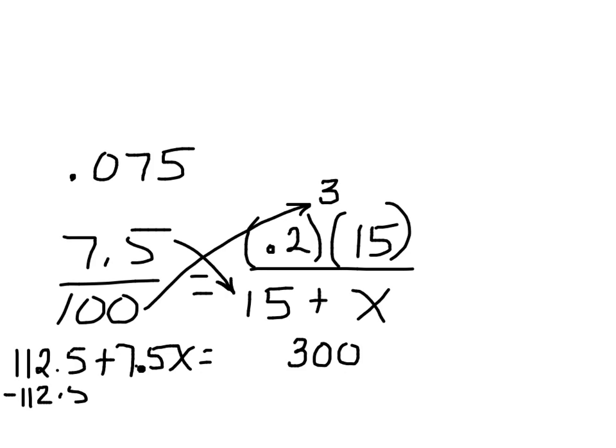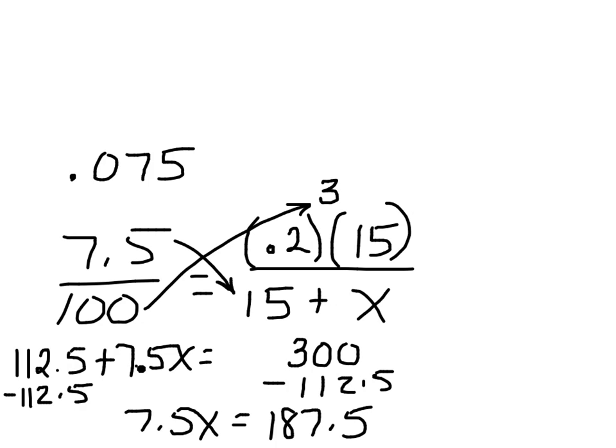Minus 112.5 from both sides. 7.5x equals 300 minus 112.5, which is what? 187.5. Now, what's the last step? Equals how much? 25 what? What's the unit of measurement for the weight?